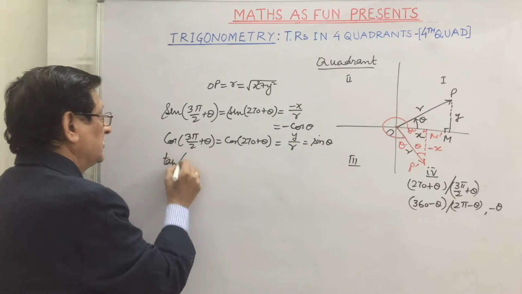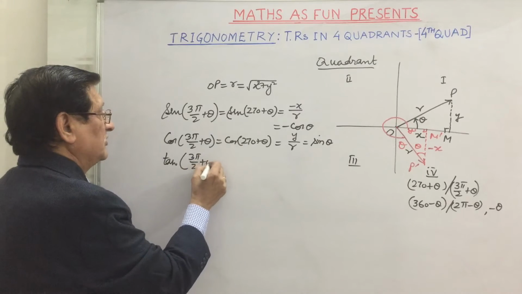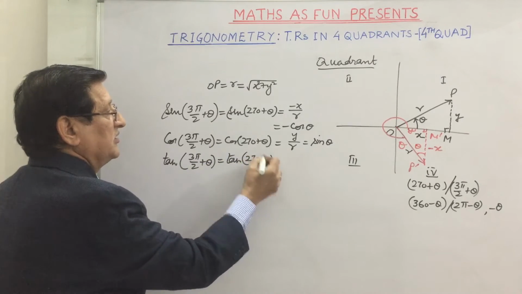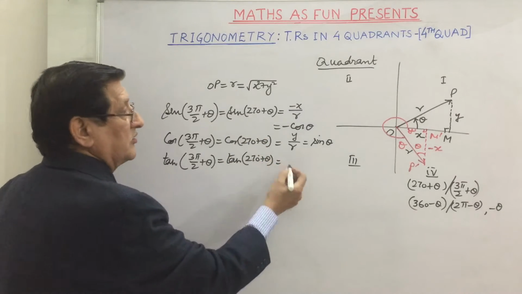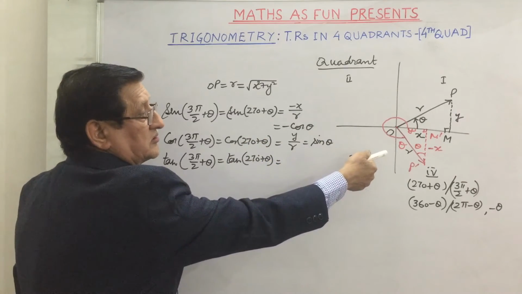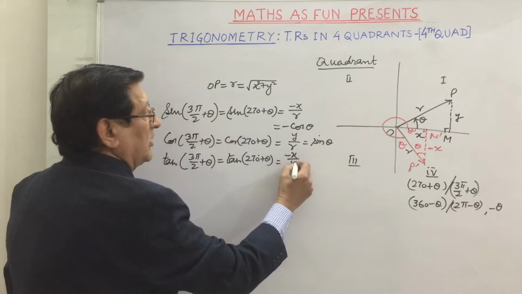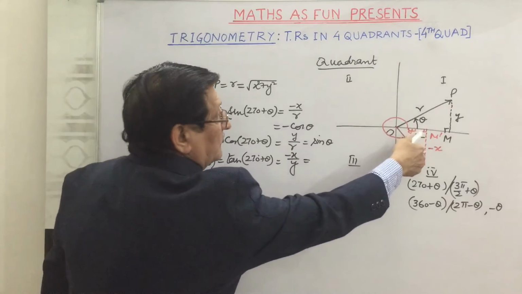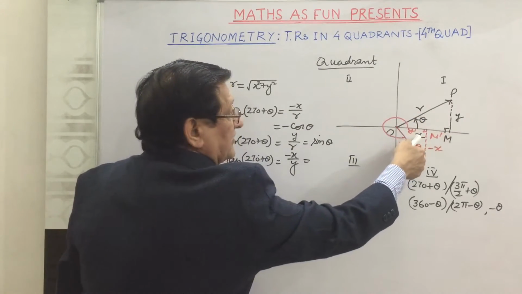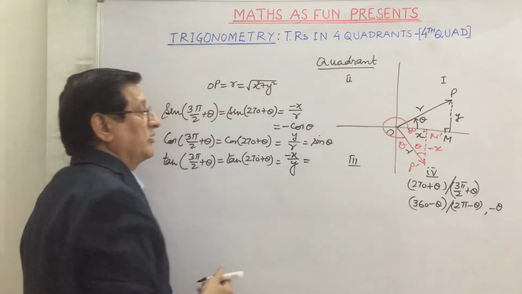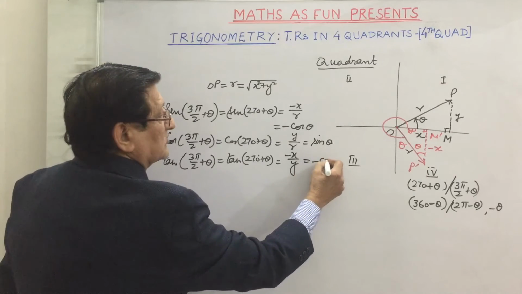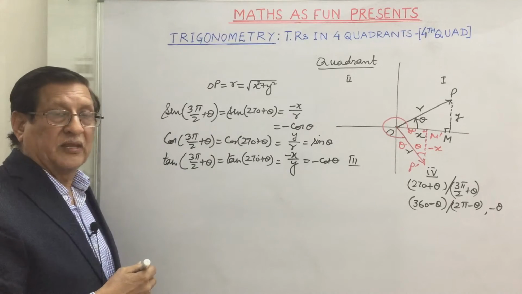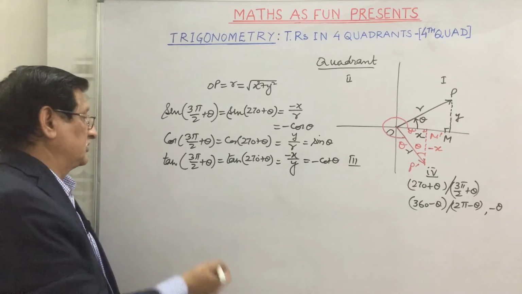Tan of 3 pi by 2 plus theta, or 270 plus theta in degrees, is equal to minus x upon y. And x upon y from here is base upon perpendicular, that is minus cot theta. Tan theta is negative, and that comes to minus cot theta.